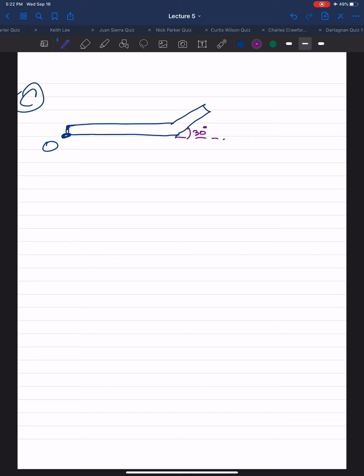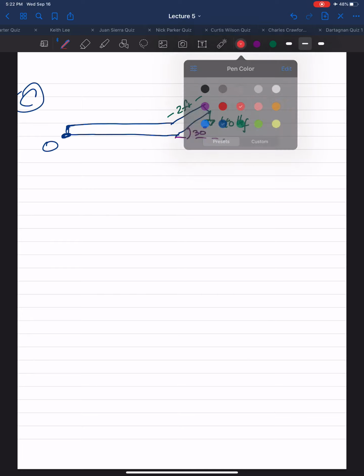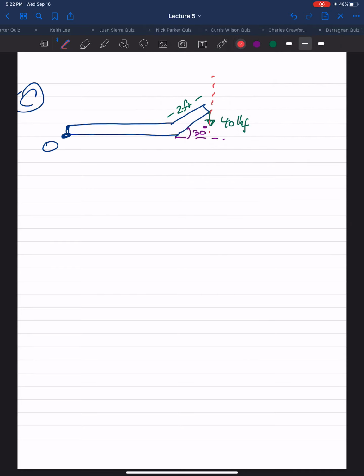And we have a 40-pound force, and the distance here is 2 feet. Okay, so first we said we extend our line of action of the force. So that's the line of action of the force.